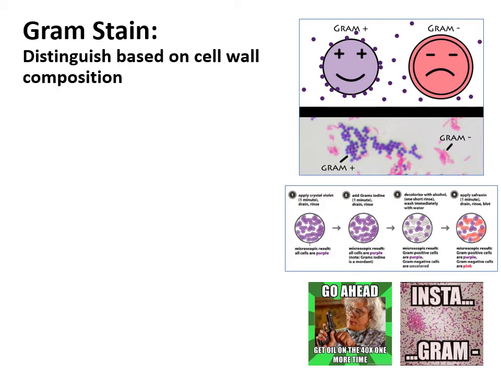So for the Gram stain, when you perform this differential experiment, you have 4 main reagents, and I want you to know the purpose for each one and how any mistakes with them would then change your results.